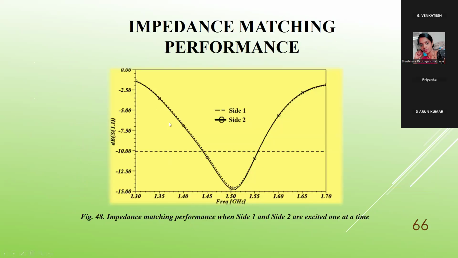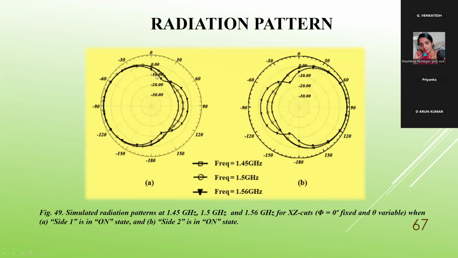Side 1 and side 2 give S11 values that are plotted almost the same, but the S11 values are a little bit different for 1 and 2, and the frequency band is almost the same. The resonant frequency is slightly different, 1.49 and 1.5 GHz, and they are getting S11 very near to minus 15 dB or slightly less than minus 15 dB. So this is the flipping: one flips to the left side, another flips to the right side.